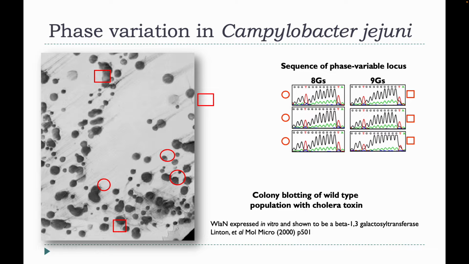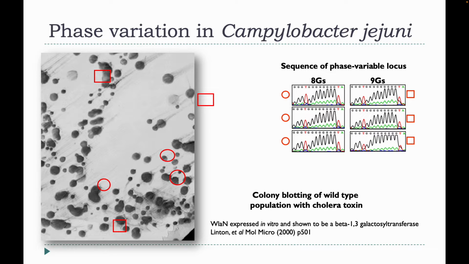And what is happening actually within that population growing on the plate, there is phase variation because there's slippage. As the DNA polymerase replicates these regions, it sometimes skips over one or adds one in when it wasn't there. And you can actually colony blot these.